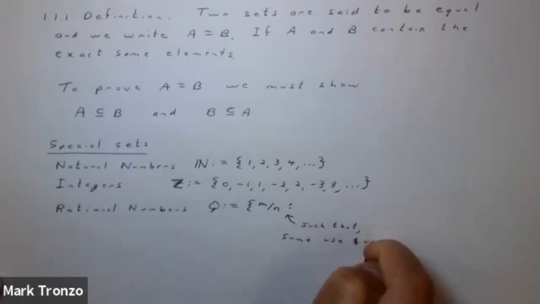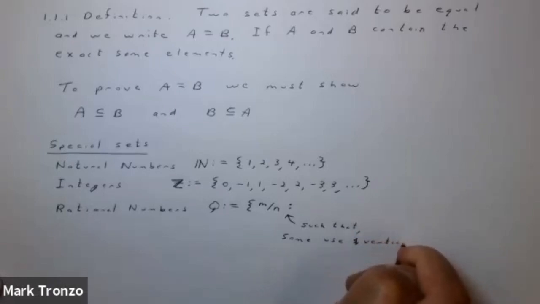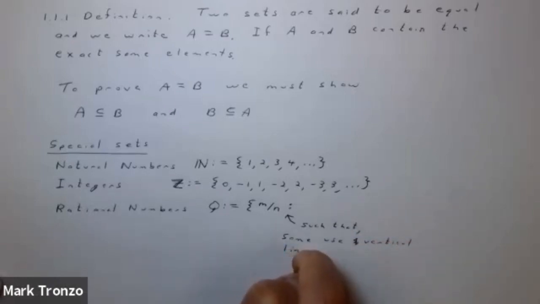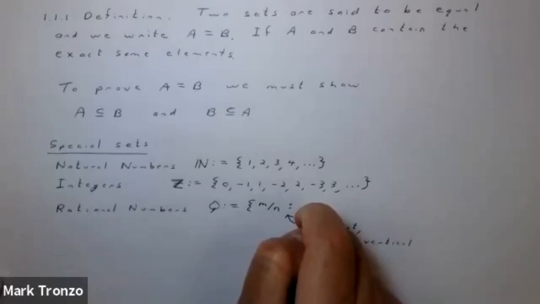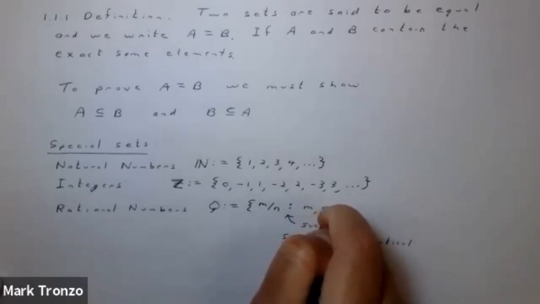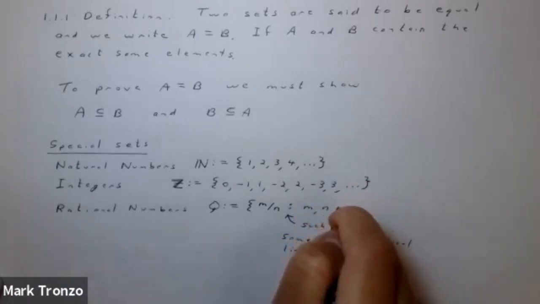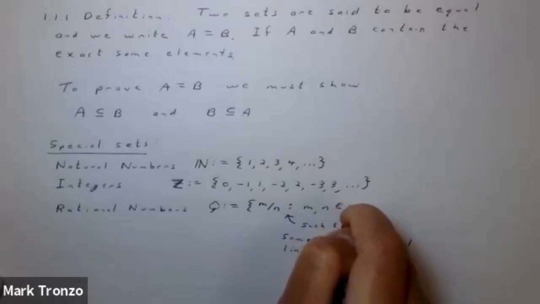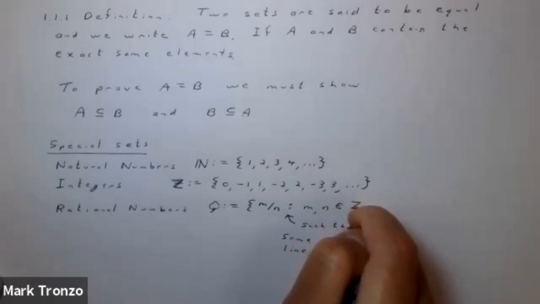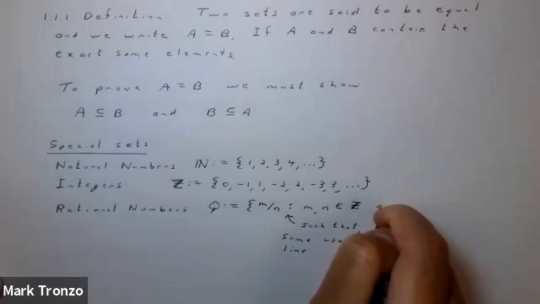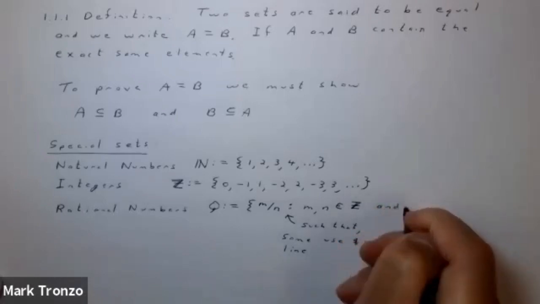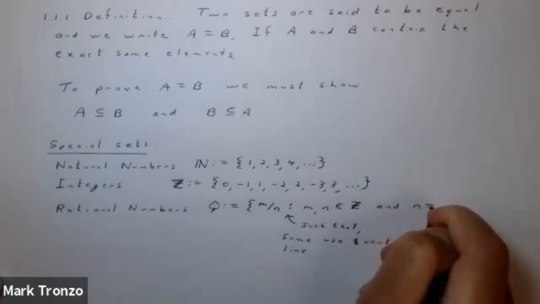So some use double dots. In any case, this is m divided by n such that m and n are integers, like they're part of Z, and the denominator can't be 0.